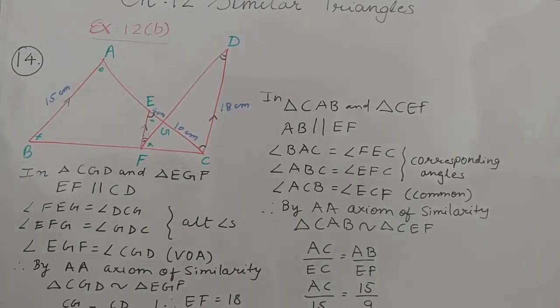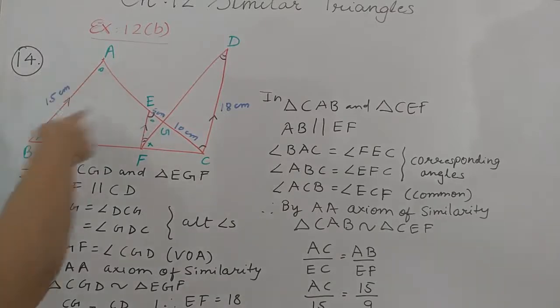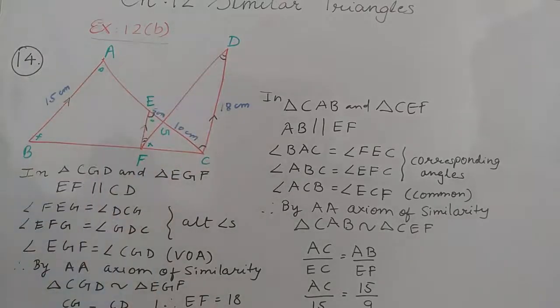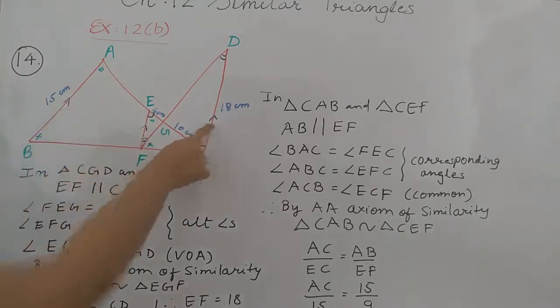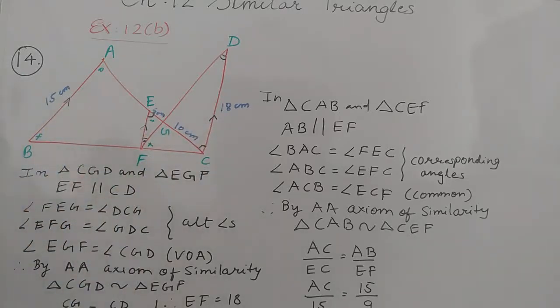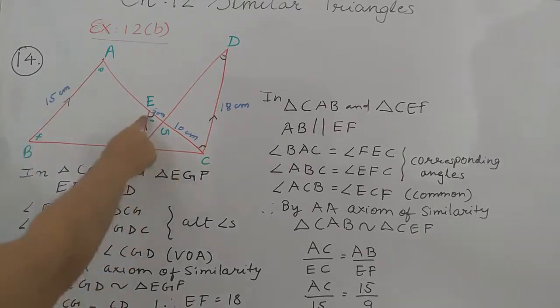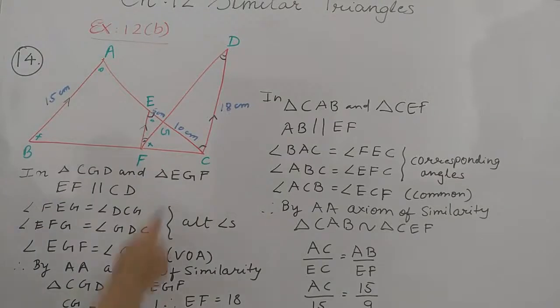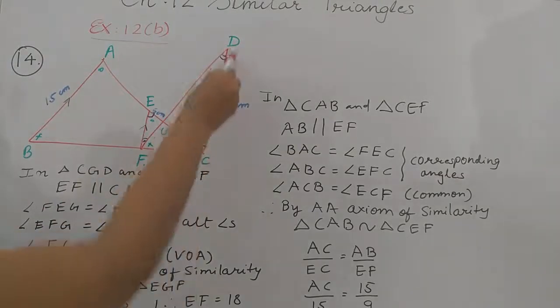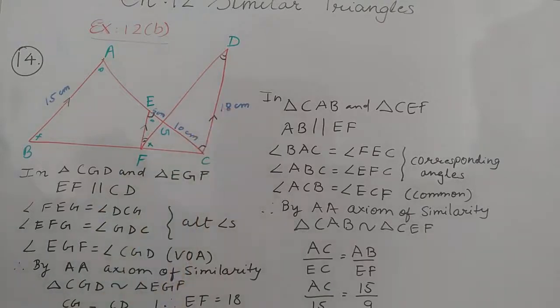Exercise 12B, question number 14. In the figure, AB, EF and CD are parallel lines. So I have drawn the symbol of parallel lines here, you can see. Given that AB is 15 centimeters, EG 5 centimeters, GC 10 centimeters and DC 18 centimeters.